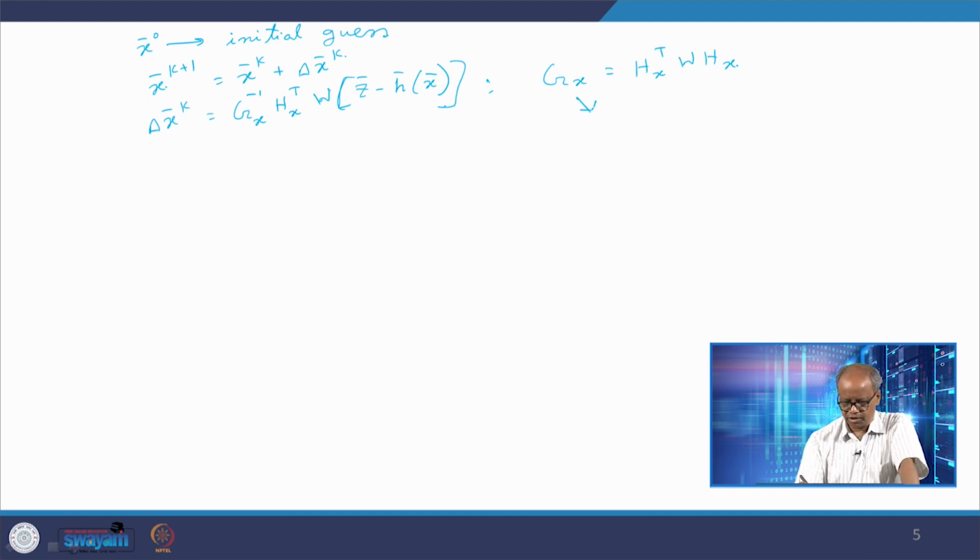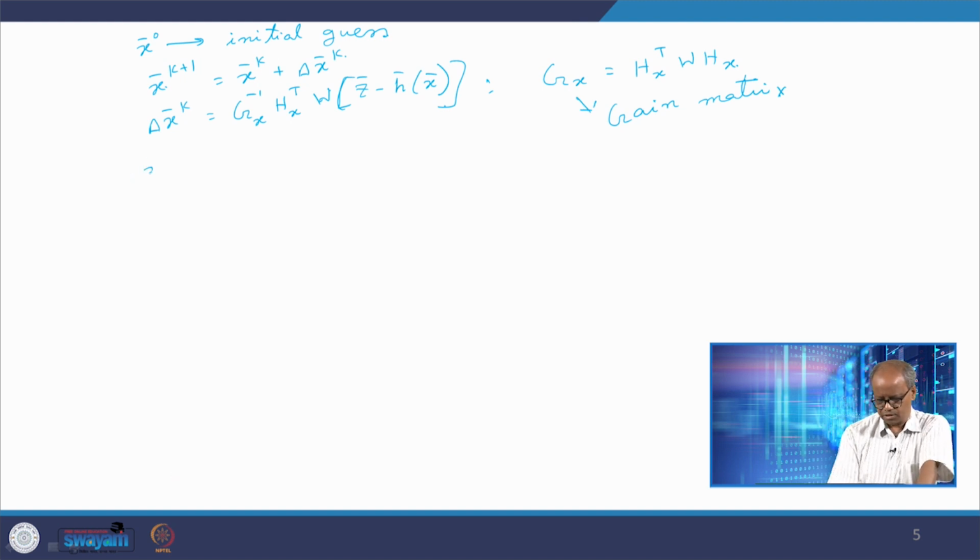This is called the gain matrix. And x_k is nothing but the estimated vector x at the kth iteration.